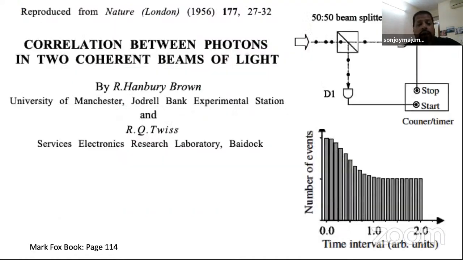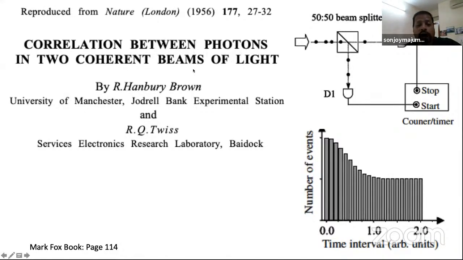It is difficult to do this experiment, but in 1956 the famous scientists Hanbury Brown and Twiss, who were working for astrophysics purposes, showed how to correlate the photons of two coherent beams.